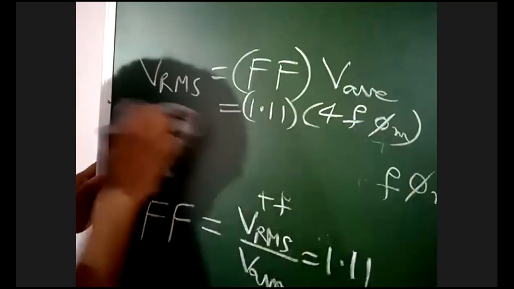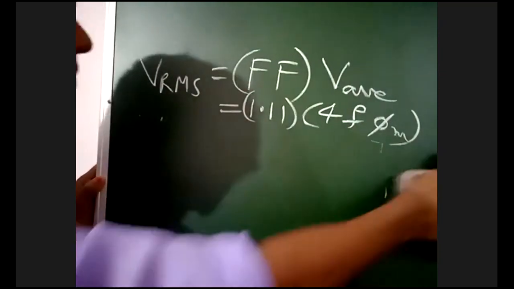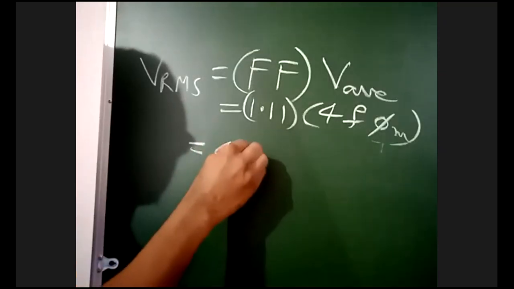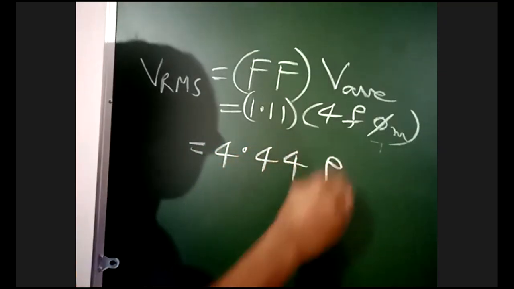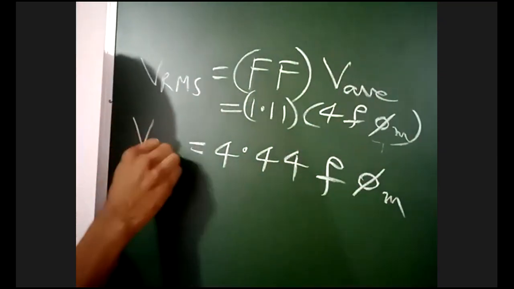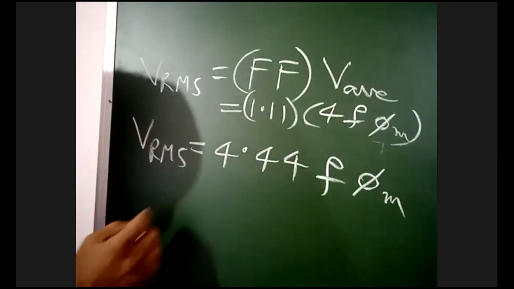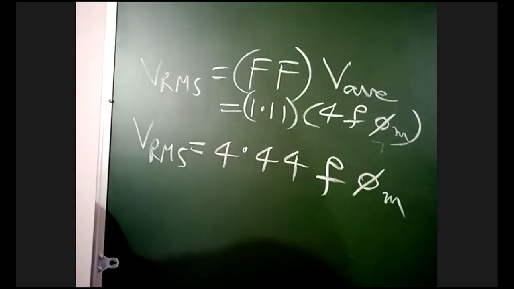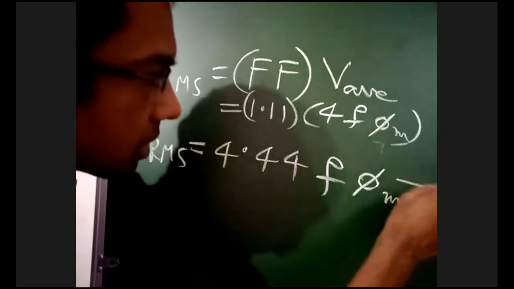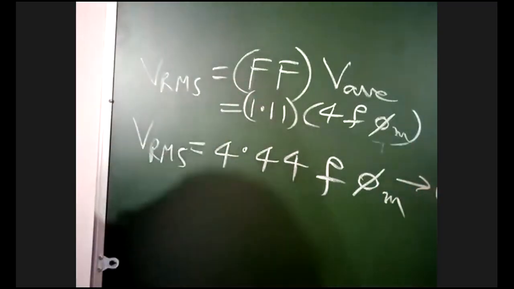Write down this. Therefore, RMS value is 4.44 F into phi m. This is the RMS value equation. Let it be equation 1.